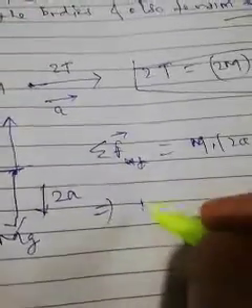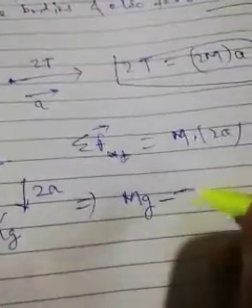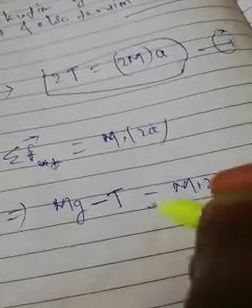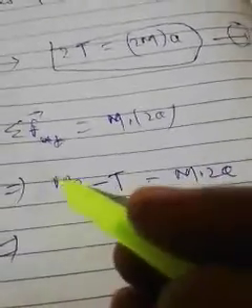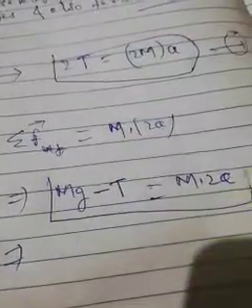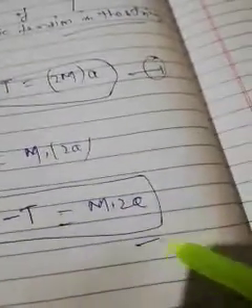Downward force minus upward force equals m into 2A. We can write this as equation 2.